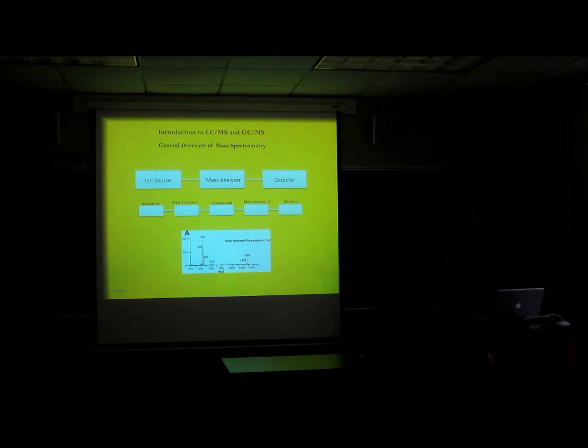You can introduce argon or helium or nitrogen or some other neutral gas at some specific flow. It will collide with the ions formed in the ionization source, break them into pieces, and then you can use the second mass analyzer in the mass spec to separate out those fragment ions and go and hit the detector and get a mass spectrum that way.